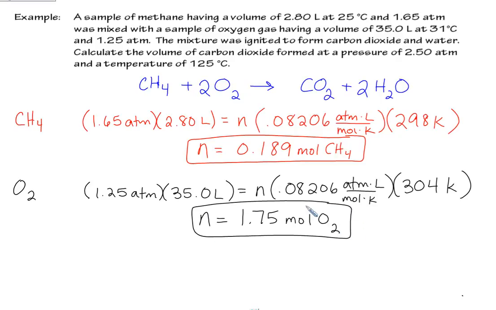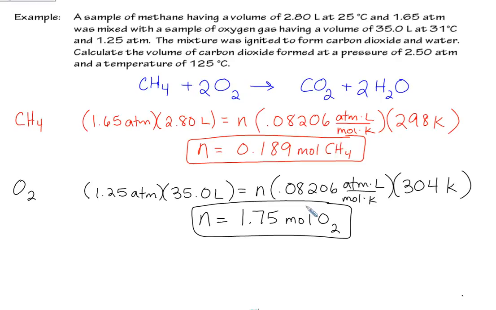Well, I think I answered my question. If there's a limiting and an excess, yeah, there is. The limiting excess thing, don't let that get your undies in a bundle. You look at the ratio from the balanced equation, and you can usually do this by inspection. I'm supposed to have twice as many moles of oxygen.